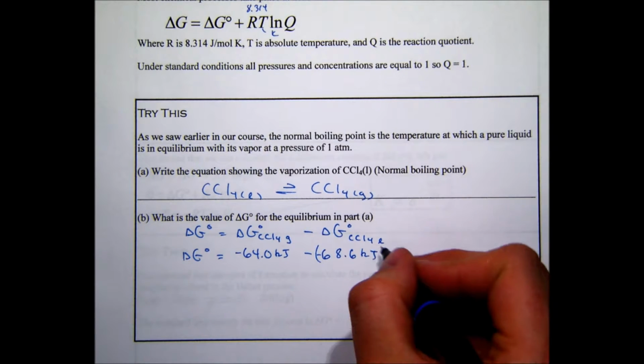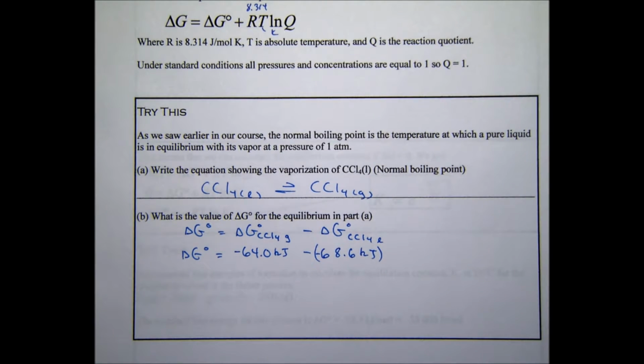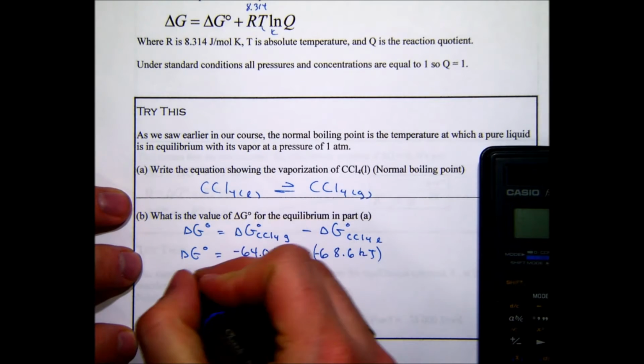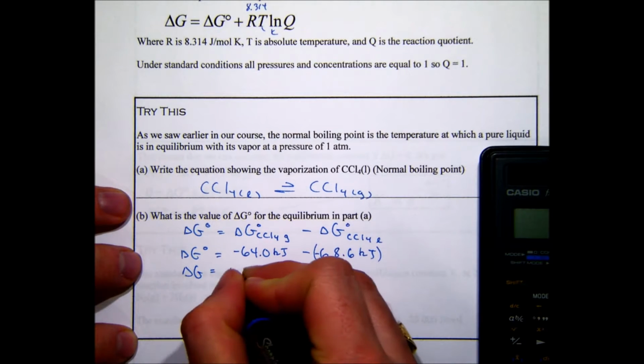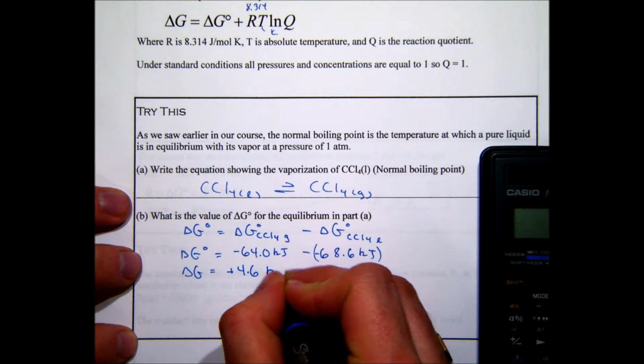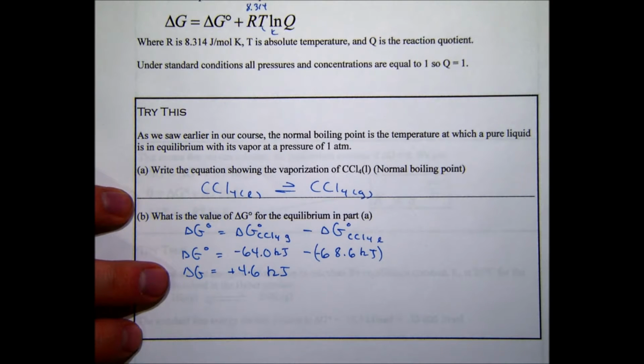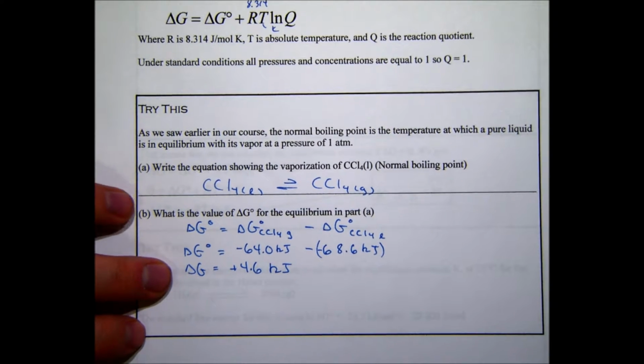That's a negative. So we do our calculation, negative 64 take away negative 68.6, delta G equals plus 4.6 kilojoules. So we know that we have a very, very slightly non-favored reaction.